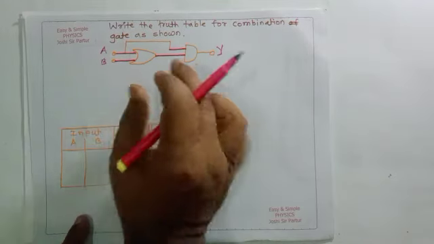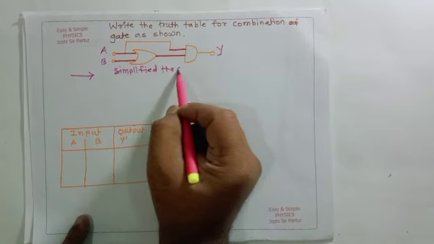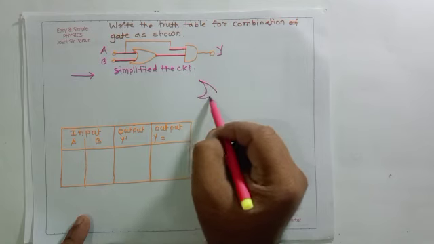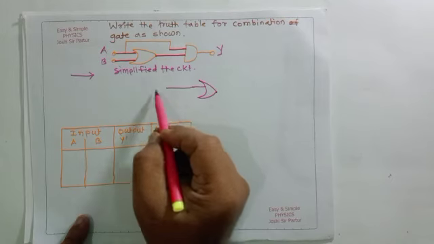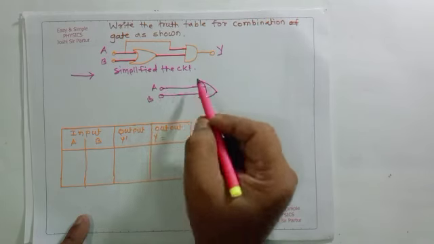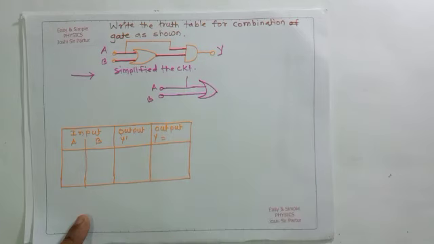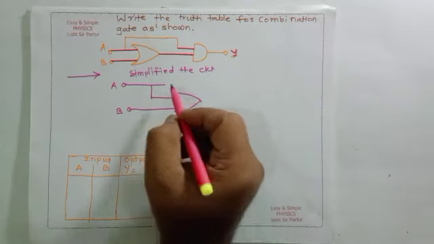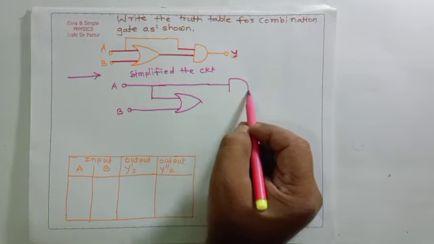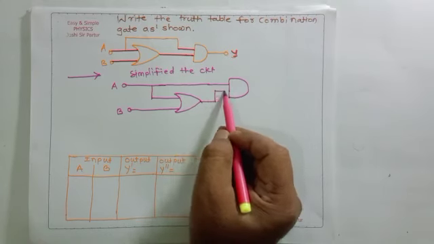So if we simplify this circuit, like this: an OR gate, where one input is A and another input is B. Input A is also connected to the AND gate, and the output of the OR gate will be the other input of the AND gate.